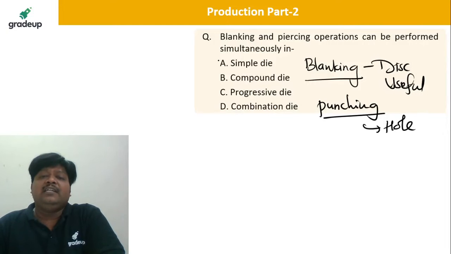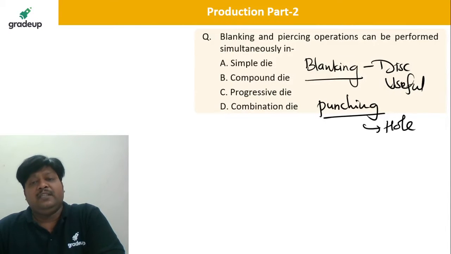In a simple die, generally at a stroke only one operation is carried out. Progressive means first you go for a certain operation, punching or blanking, and after that you go to the next station. That is a progressive die.